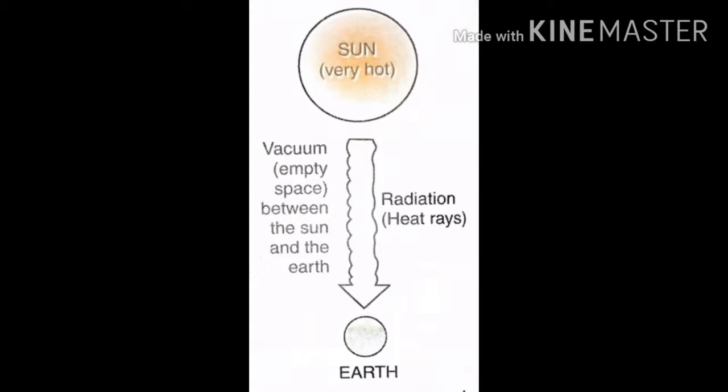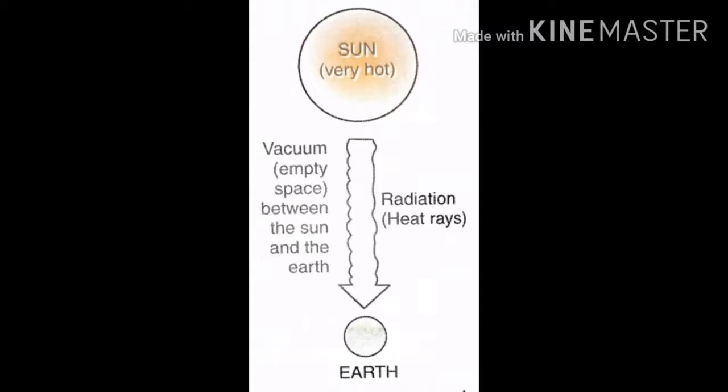But how does the heat from sun reach us? Students, do you have any guess? Yes, sun is far away from the earth and there is empty space or vacuum in between sun and earth.